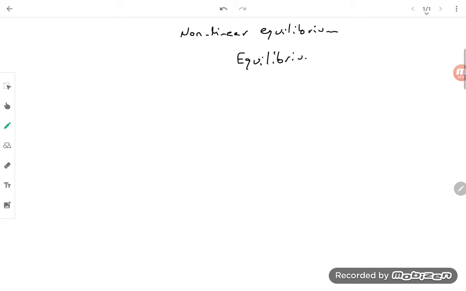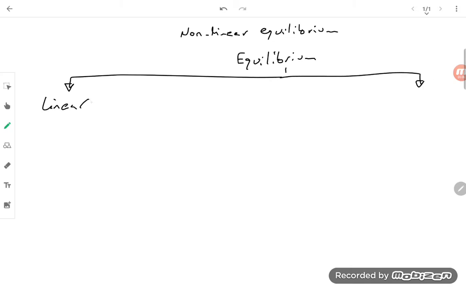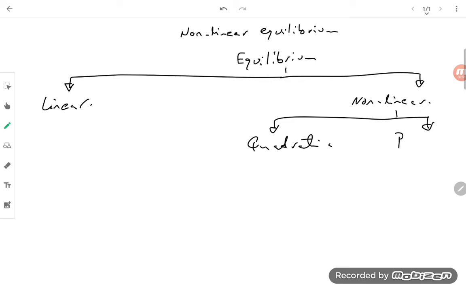So we can talk about equilibrium in the case of linear functions and nonlinear functions. With respect to nonlinear, we are going to talk about quadratic and polynomial. Last time we talked about linear, now we are going to talk about the nonlinear ones.